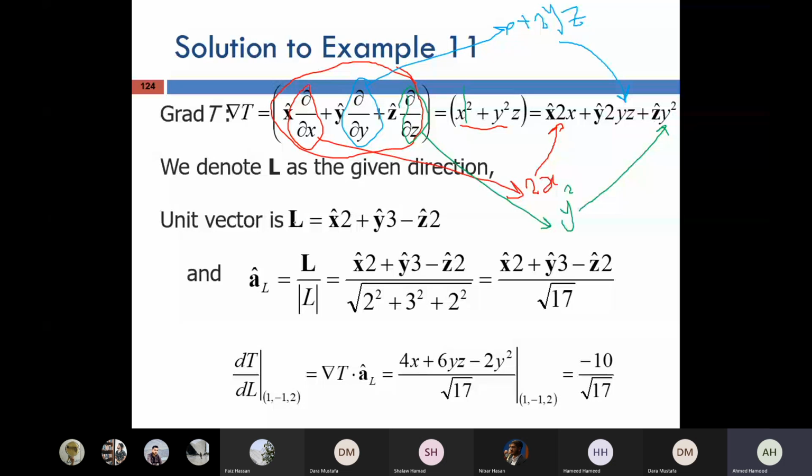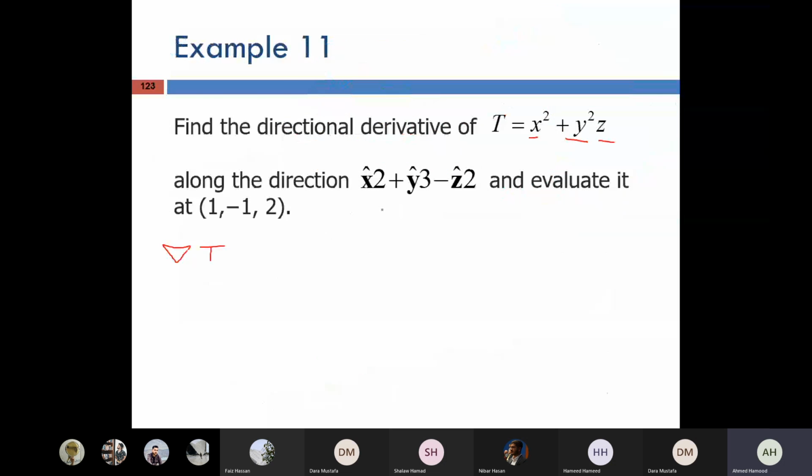Once we find the gradient, we have to find the unit vector, right? So this is done, found. So we need to find the unit vector. We already know many examples of how to find unit vectors, okay? Which is given to us here as 2x plus 3y negative 2z.